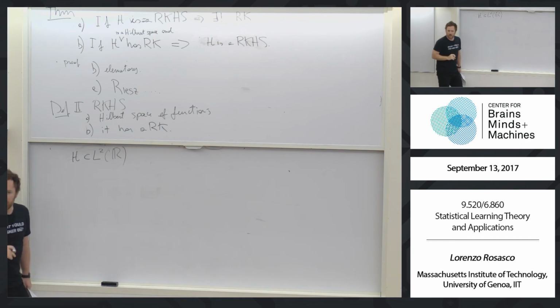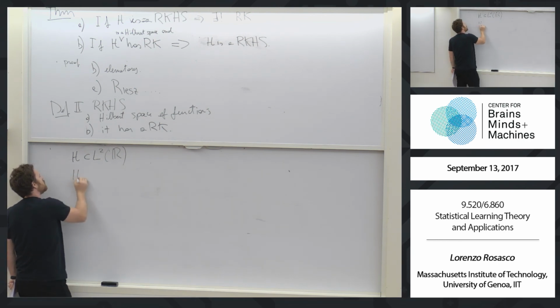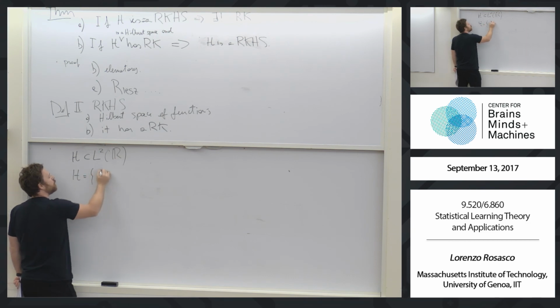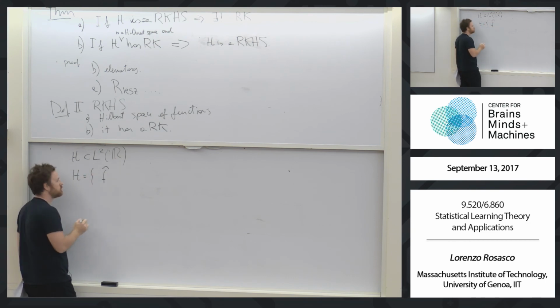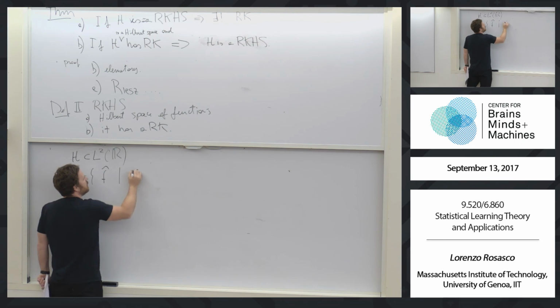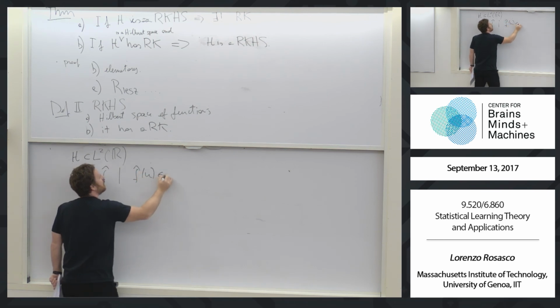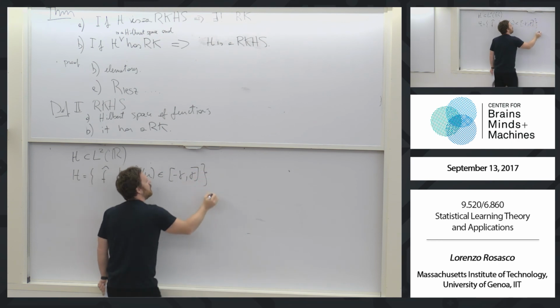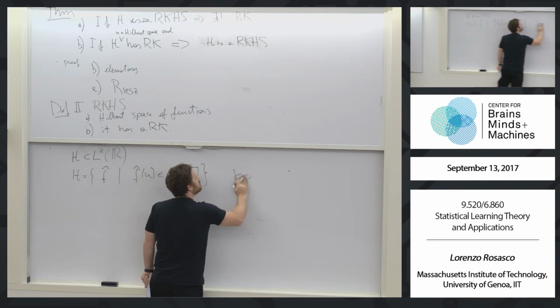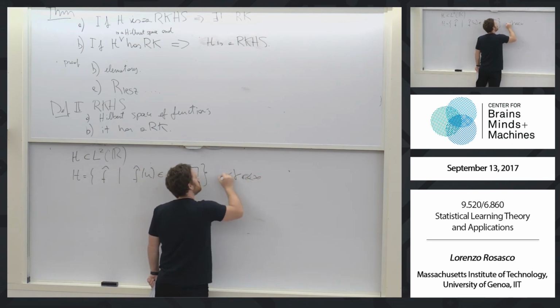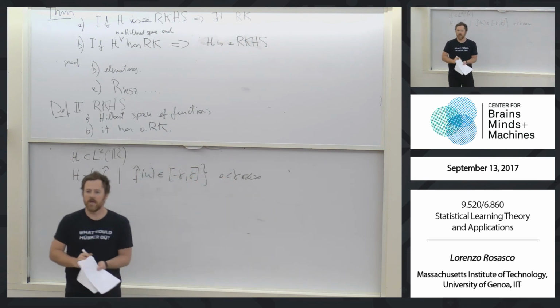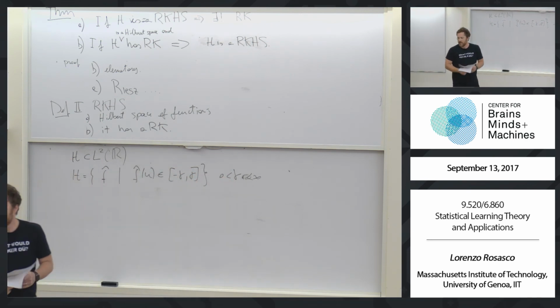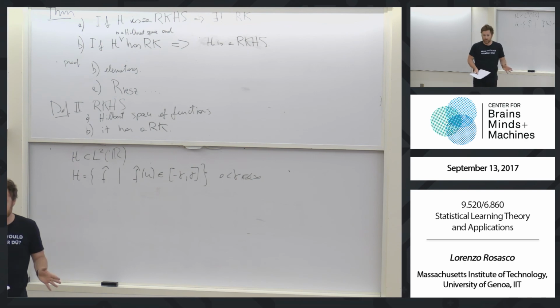Just one dimension, though. And let's consider the space of functions H such that when you consider the Fourier transform, it is supported on some finite interval, okay? Again, I'm assuming that you know the definition of Fourier transform and not much more.